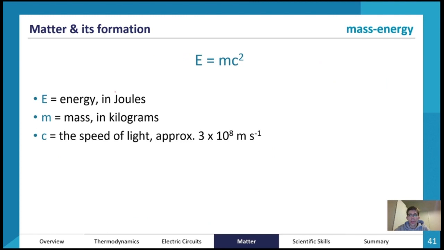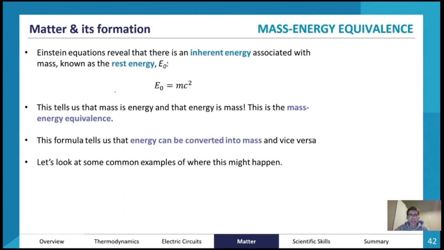For example, Einstein's mass energy equivalence, where Einstein stated this formula, E equals mc squared, where m is the mass in kilograms and c is the speed of light, which is 3 times 10 to the power of 8 meters per second.